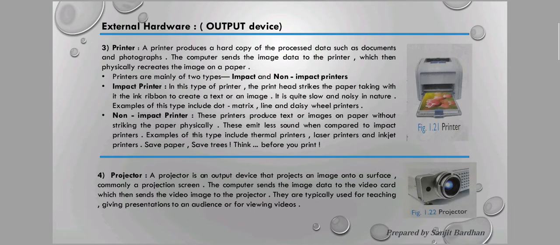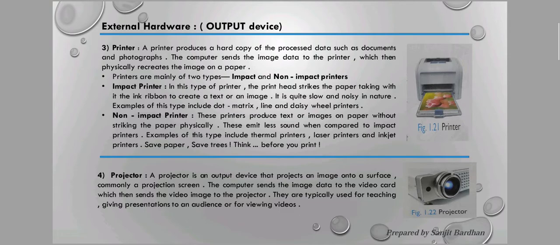The computer sends the image data to the video card, which then sends the video image to the projector. They are typically used for teaching, giving presentations to an audience, and for viewing videos. That means the projector is used in the teaching profession and for giving presentations to an audience and viewing videos.